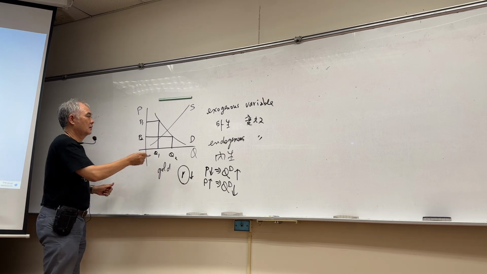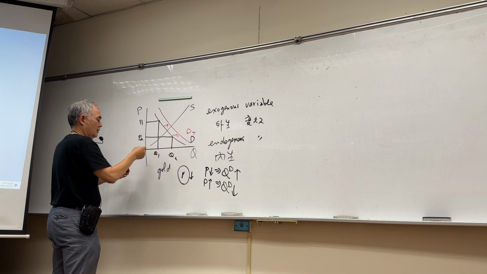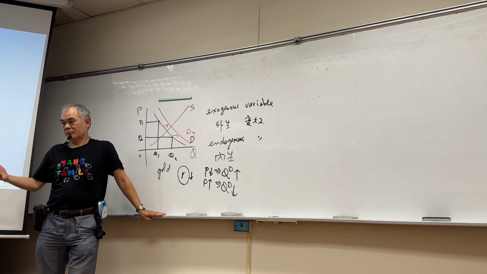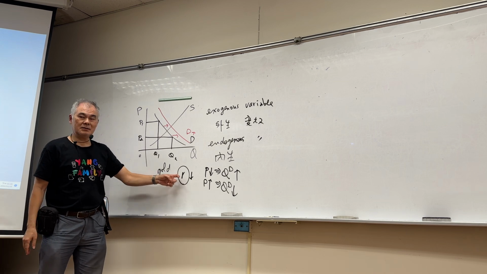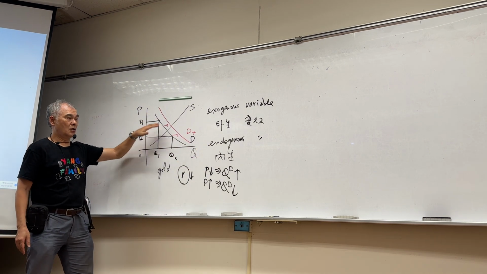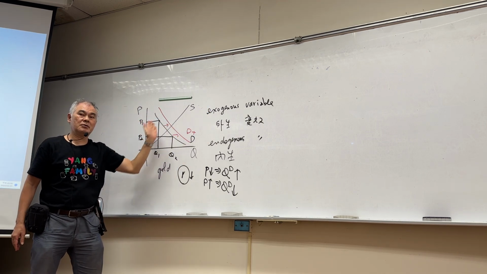So demand for gold goes up. And this is the difference: an endogenous variable moves along the curve, an exogenous variable shifts the curve.